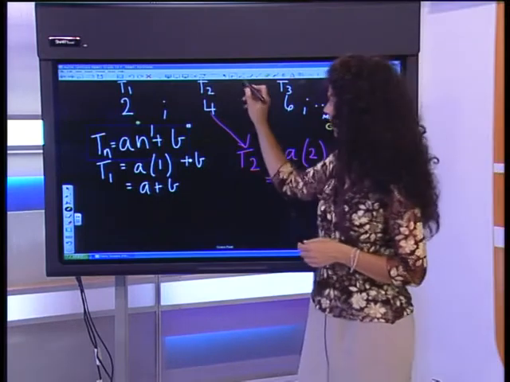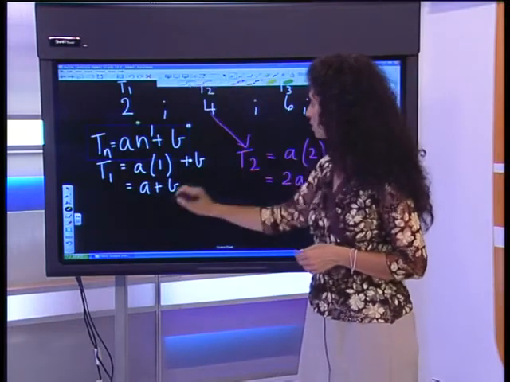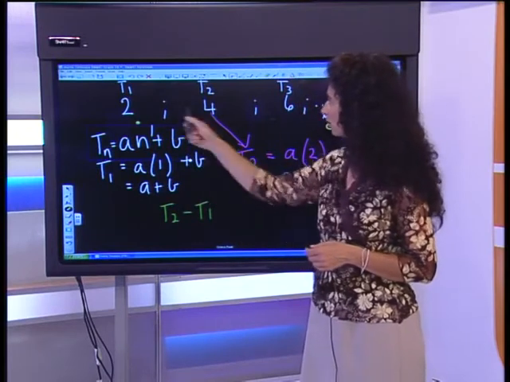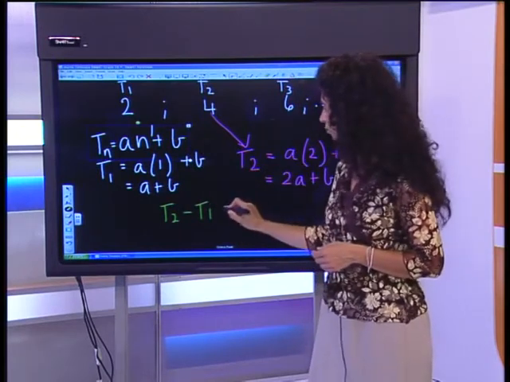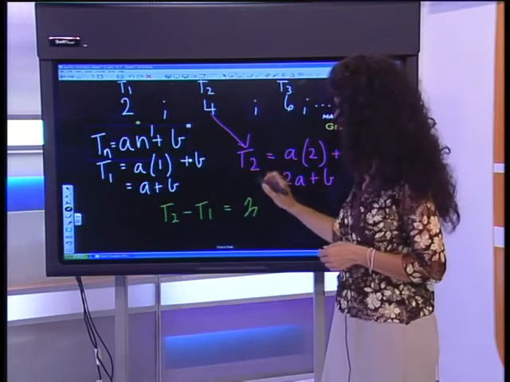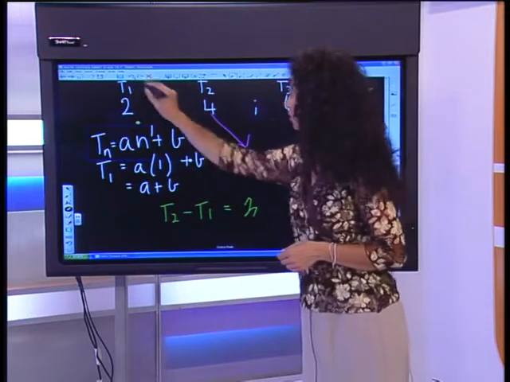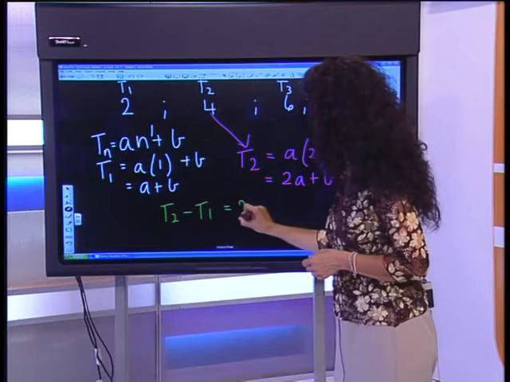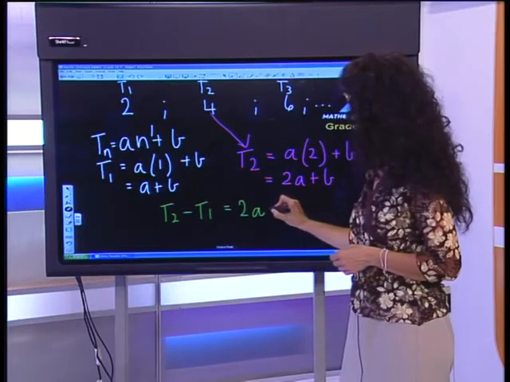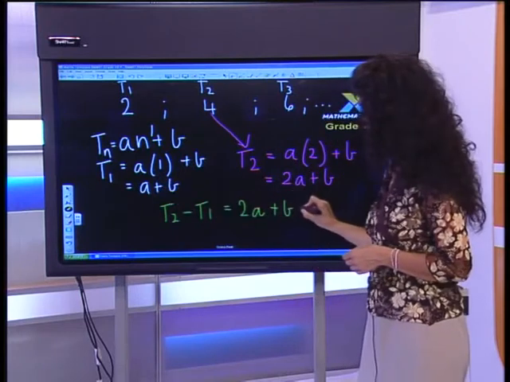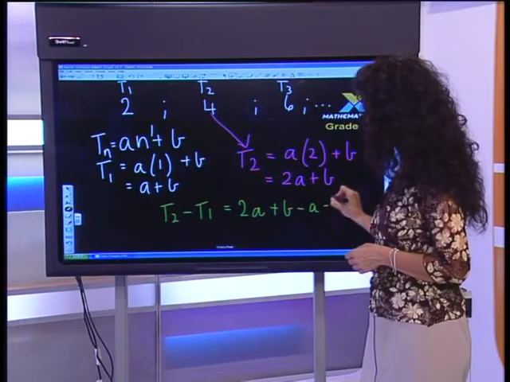So if I take the difference between T2 and T1, I know that for my example it's 2, but let's see what that 2 would equal in terms of the general term. It would be 2a plus b, and then I'm going to take away what T1 is, so I'm going to take away a, and I'm going to take away b.